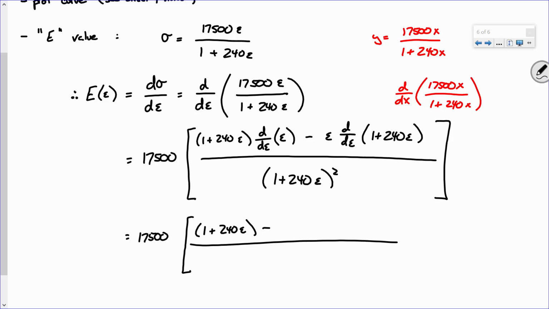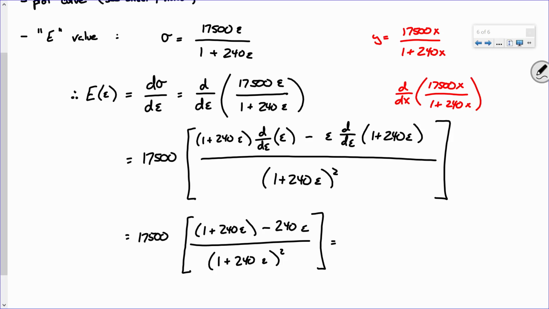So it's going to be minus 240 times epsilon, all over that squared. So, therefore, what's going on up top?